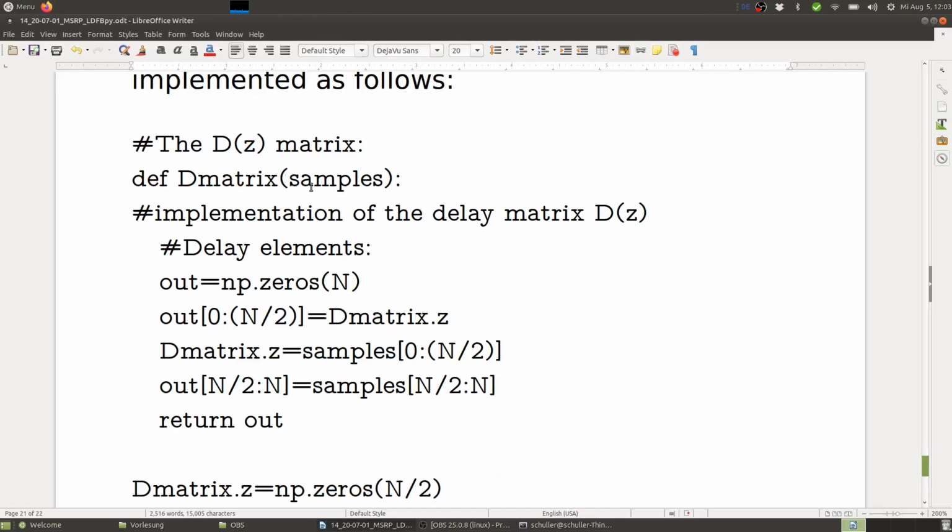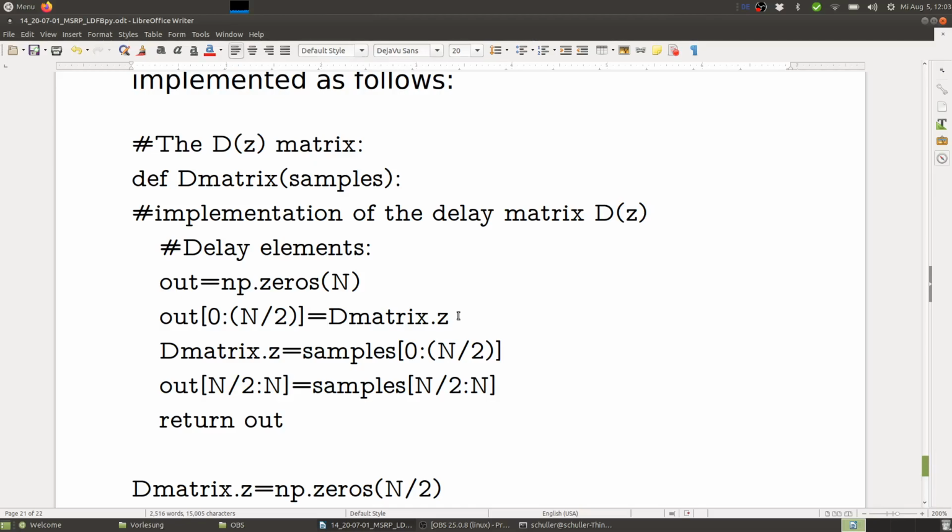So here we have this block coming from the FA matrix, block of N samples. And here now it computes the output. So first we initialize it with n zeros. Then we assign the first half of the output the delayed version from the memory element. Right? So dmatrix.z now contains the first half of the coefficients of the samples of the last block.